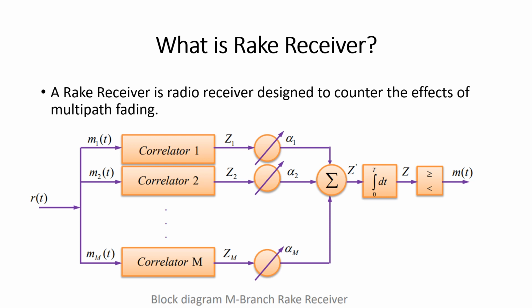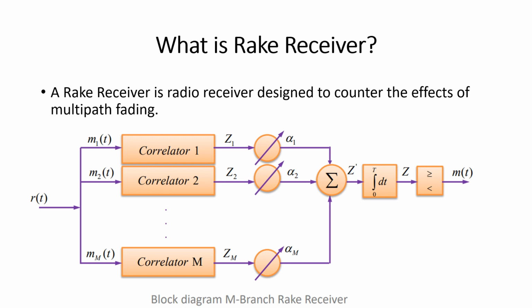And if we get lower SNR, then we assign a lower value of the weighting factor. Then all these are passed to the summer, where we perform a linear combination of all these components. After proper normalization, we pass it to an integrator in order to evaluate the signal strength or power of that signal.